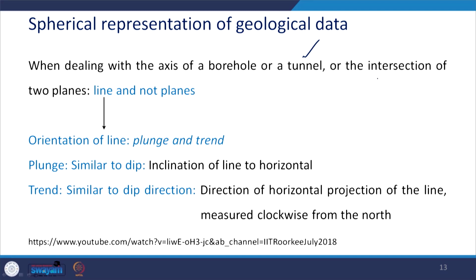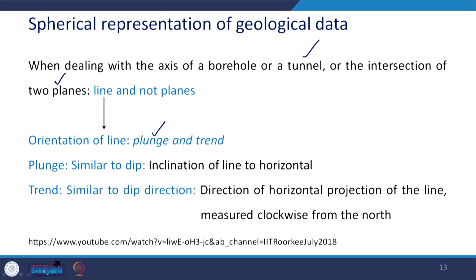Now, when we deal with the axis of a borehole or a tunnel or the intersection of two planes, these are lines and not planes. So, the orientation of a line is denoted by plunge and trend rather than dip and dip direction, which were there in the case of planes. Plunge is a term similar to dip.